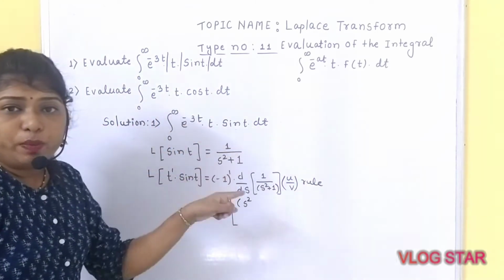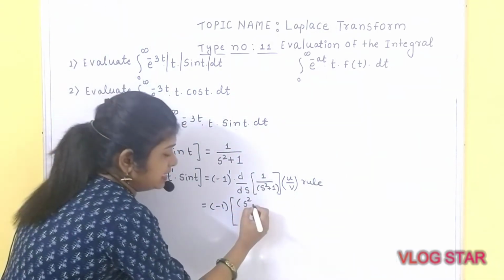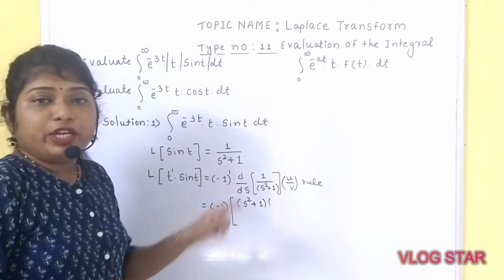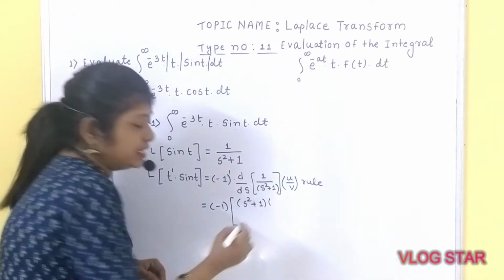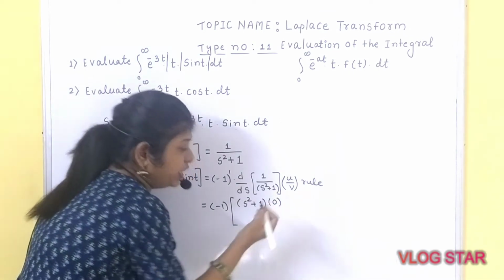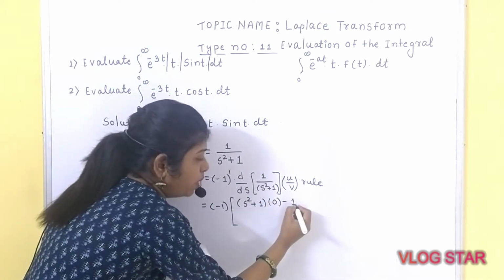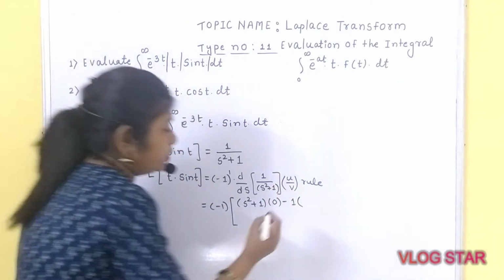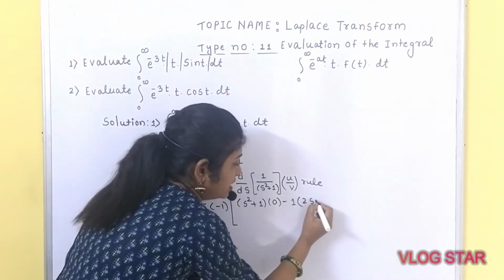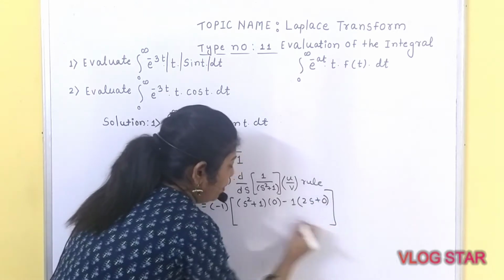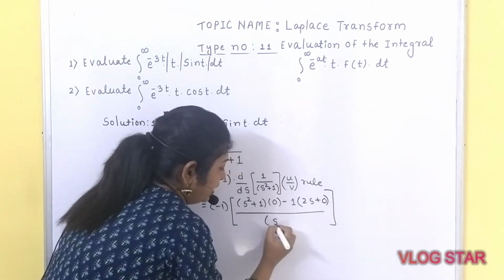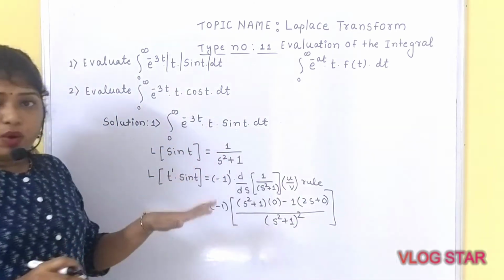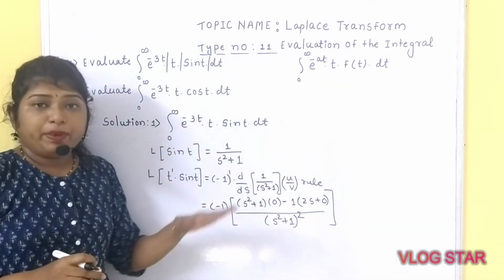As per the u by v rule, v as it is, that is s square plus 1, into the derivative of 1 with respect to s, the derivative of the constant term is 0, minus 1 as it is into the derivative of v with respect to s, which would be 2s plus 0, upon s square plus 1 whole square. I hope you have understood till this step.